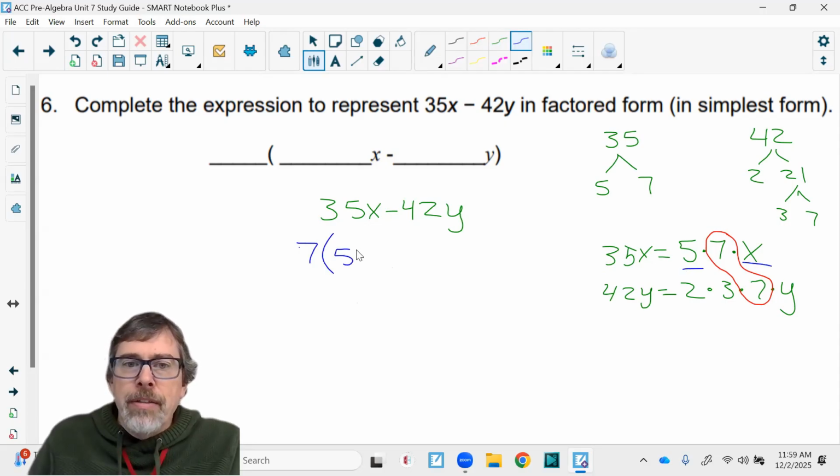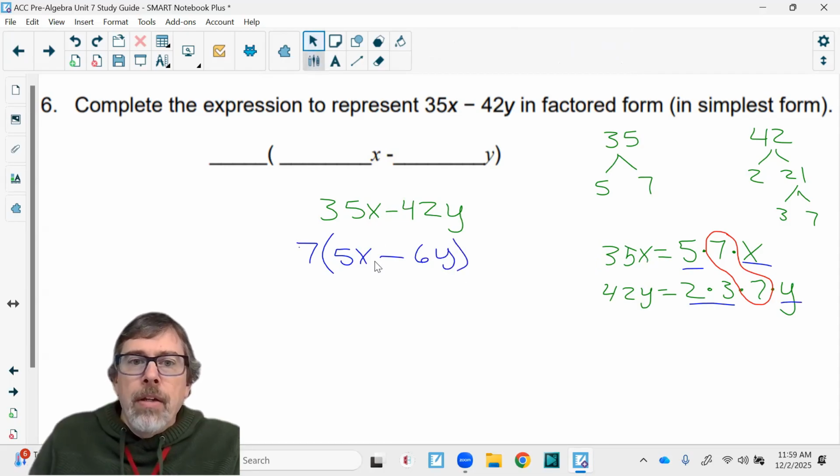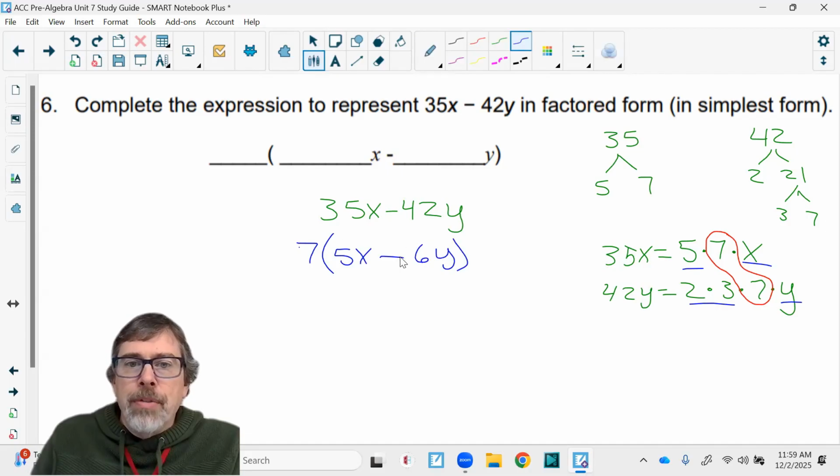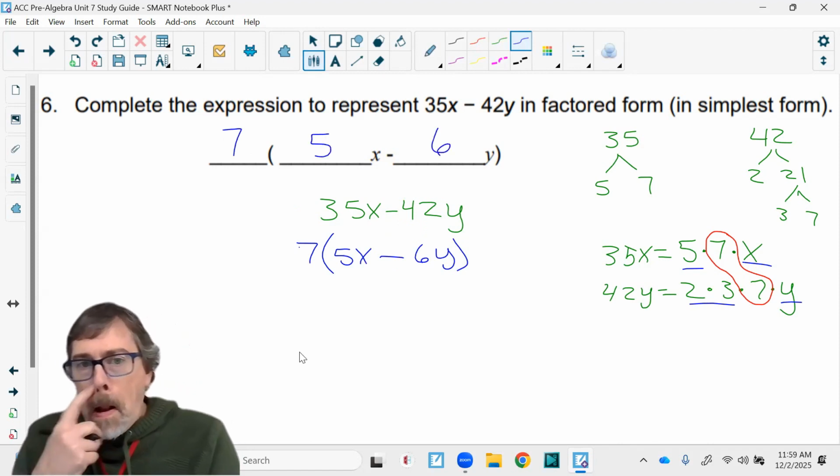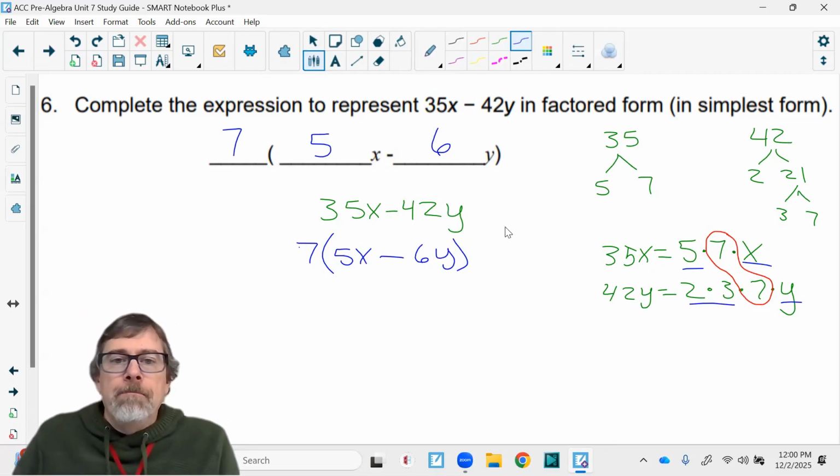So that's 5x minus, and I have 2 times 3, which is 6y. And that's how it goes back together. So I have 7 times 5 is 35, 7 times 6, 42, positive times the negatives, negative. Everything's all checking out, and the blue is what I put in my spaces. Okay, so that's how you do that.